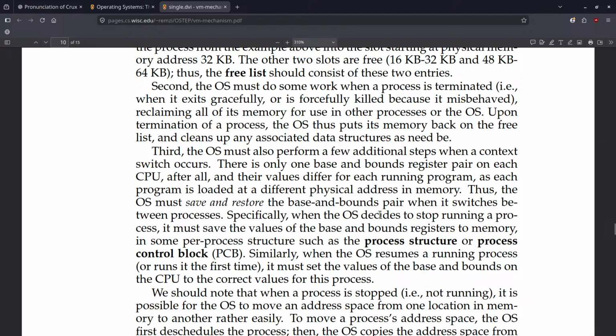Specifically, when the operating system decides to stop running a process, it must save the values of the base and bounds registers to memory, in some per-process structure such as the process structure or process control block.